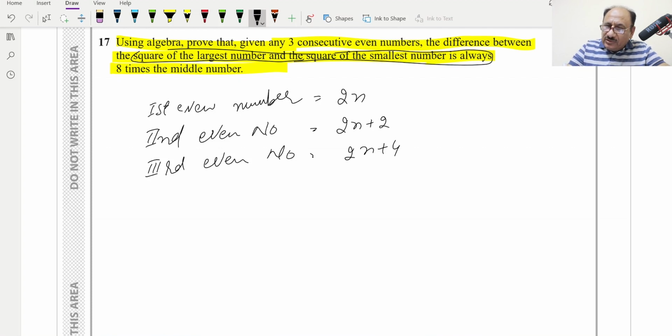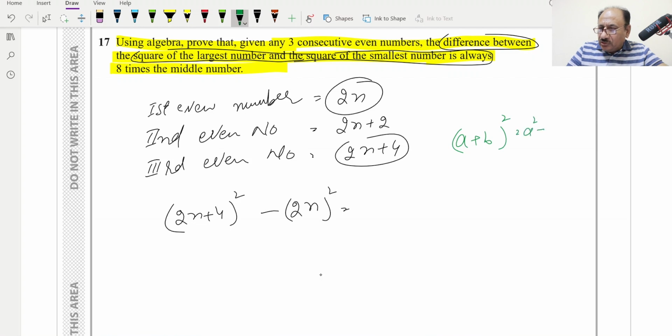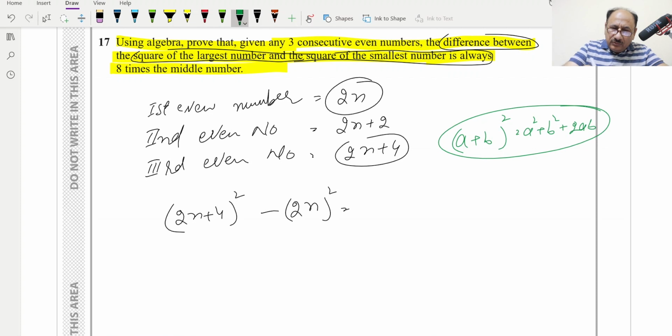So the difference: the square of the largest will be (2n plus 4) squared, minus the square of the smallest, which is (2n) squared. We can open this by the formula (a plus b) squared equals a squared plus b squared plus 2ab, which is the formula we'll be using.